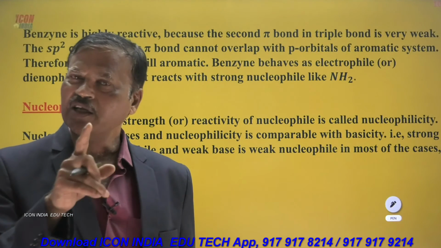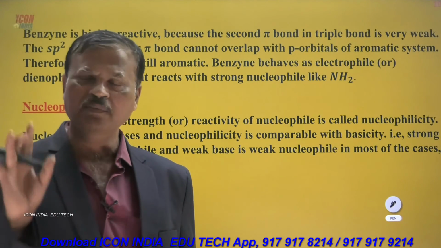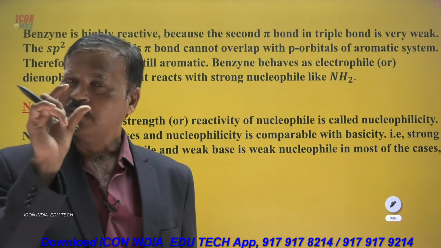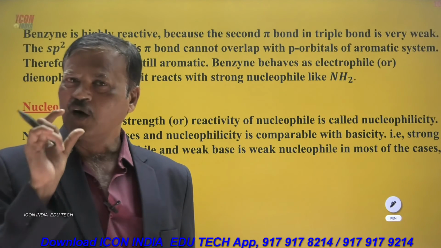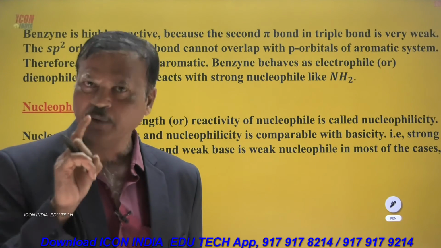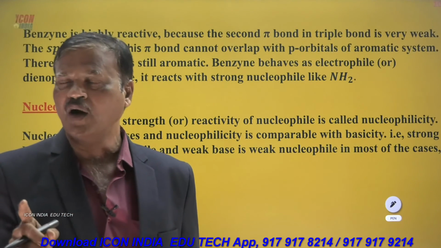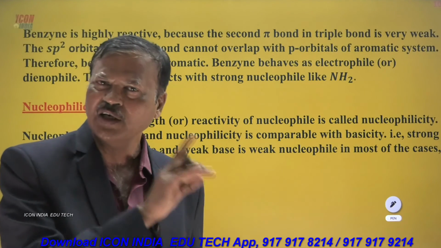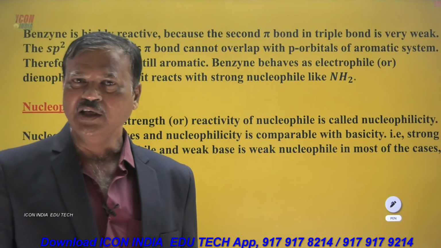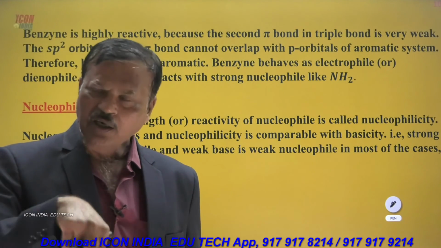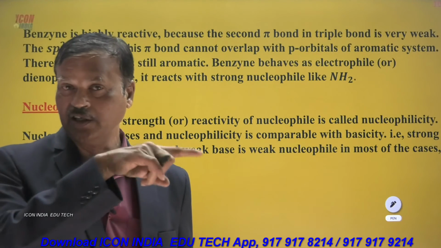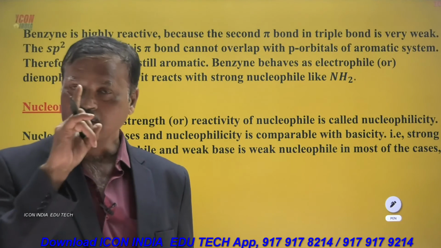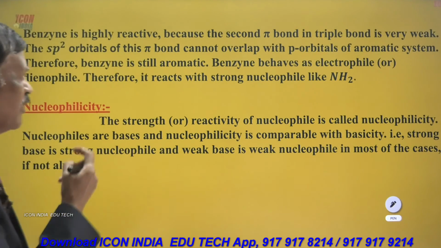That's why aromatic character is not disturbed. Out of two pi bonds, only one pi bond, the p-p pi bond, will be involved in aromaticity, in cyclic delocalization. That is why benzyne is still aromatic.